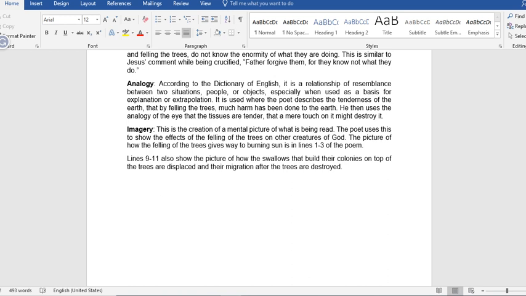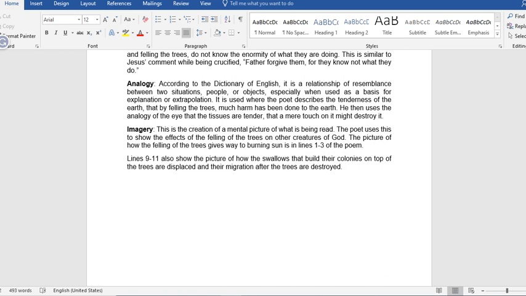The picture of how the felling of the trees gives way to burning sand is in lines 1 to 3 of the poem. Also, lines 9 to 11 show the picture of how the swallows that build their colonies on top of the trees are displaced and migrate after the trees are destroyed. That is, we have mental pictures of these descriptions in our brain while reading the poem.